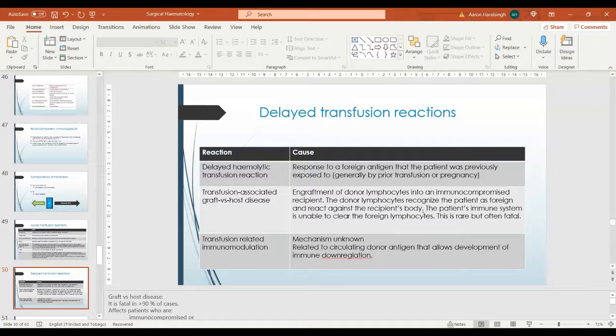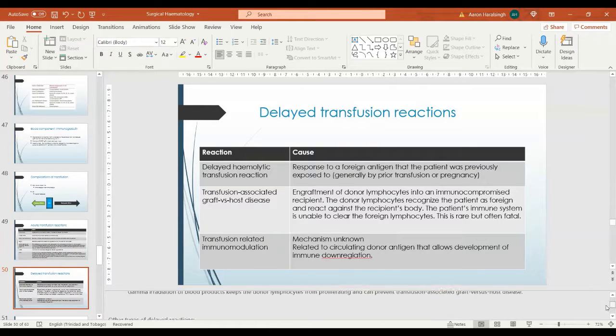The patient's immune system is unable to clear these foreign lymphocytes, and in these cases, it can be quite fatal. And then there's transfusion-related immunomodulation, which is related to circulating donor antigen that allows the development of immune downregulation, but the mechanism for this is not well known.